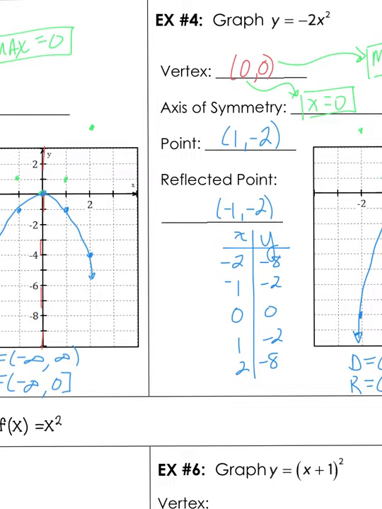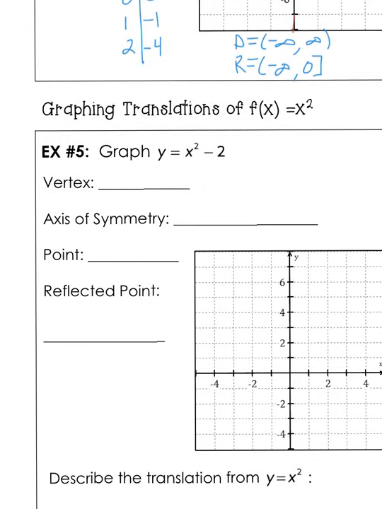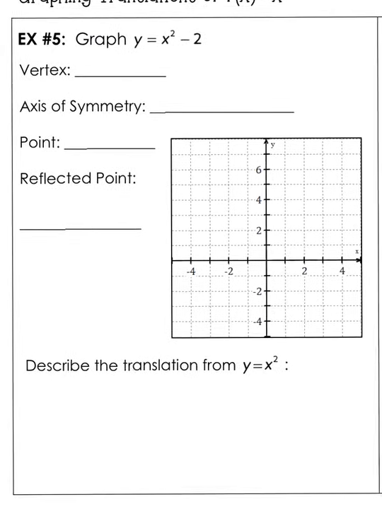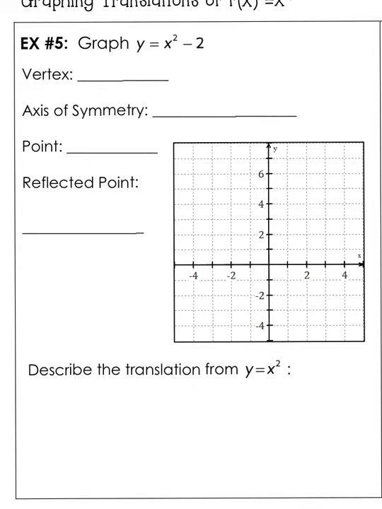All right, let's look at 5. So now we're going to get into some up, down, right, left movements. Because we have a -2 outside the function x squared, this is exactly as we think it's going to be. That's an up-down movement, and so it's going to be down 2. These are really easy to graph because all I do is graph the parent function, which by now you should know the ordered pairs, or if you don't, you're just taking the x values and squaring them.